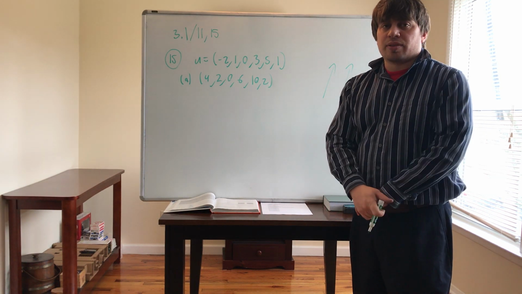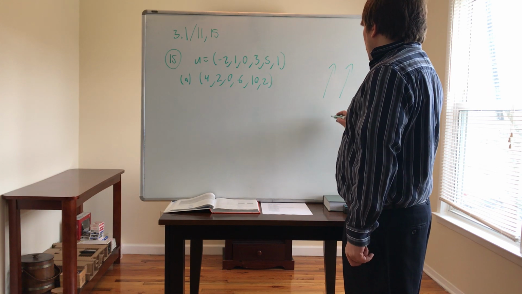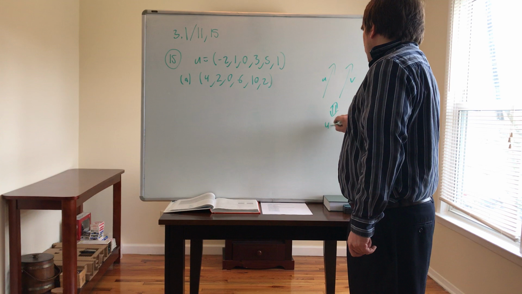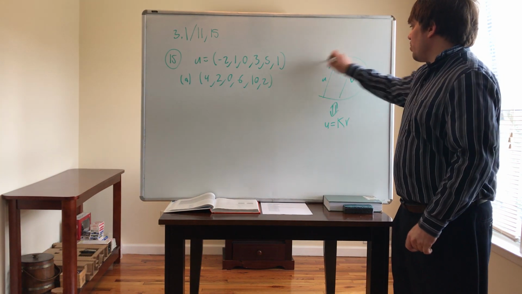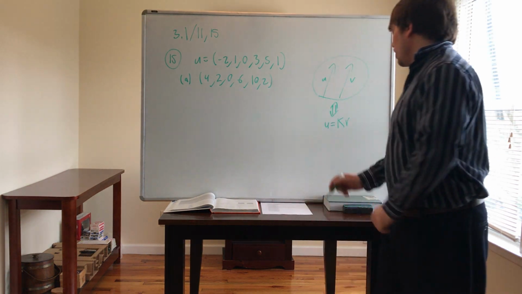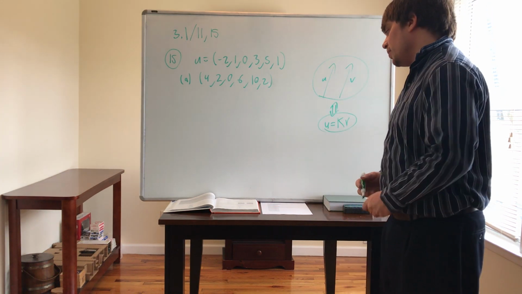They don't need the same magnitude, but they need the same direction. And if they have the same direction, that's equivalent to saying that one vector is a constant multiple of the other vector.